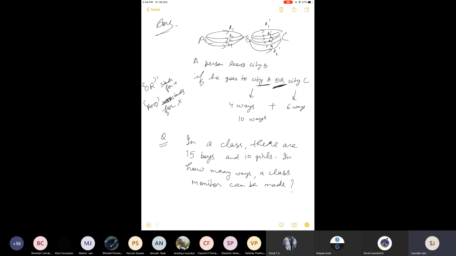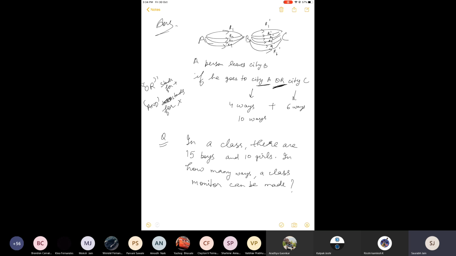Simple question. So 25. Yes, that is it. Simple answer. It is very obvious. There are 25 students in the class. All have equal opportunity to become the monitor. So a teacher has 25 options. He can go and select anyone. So 25 ways are there. This is basic counting, basic logic.